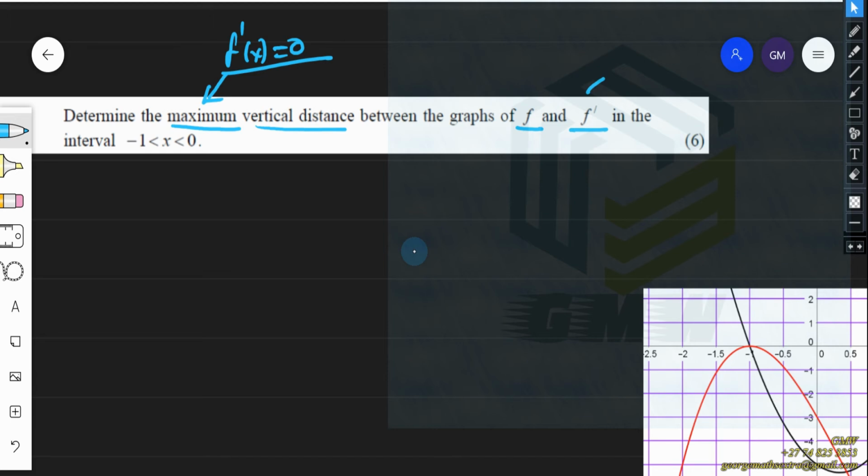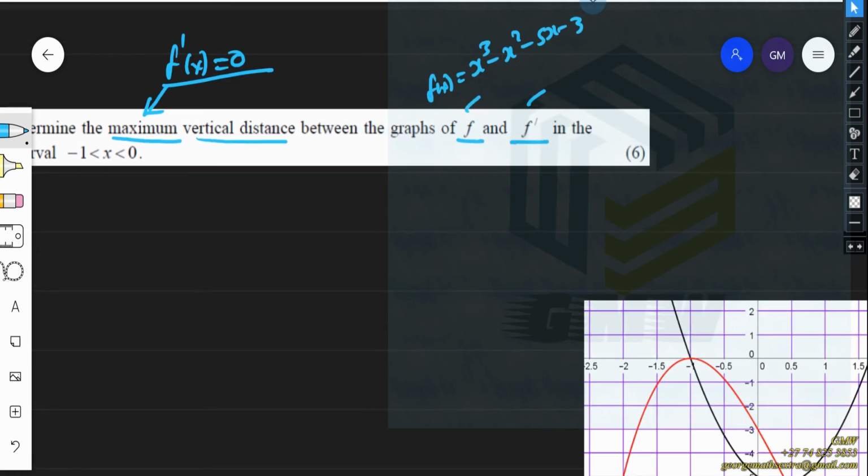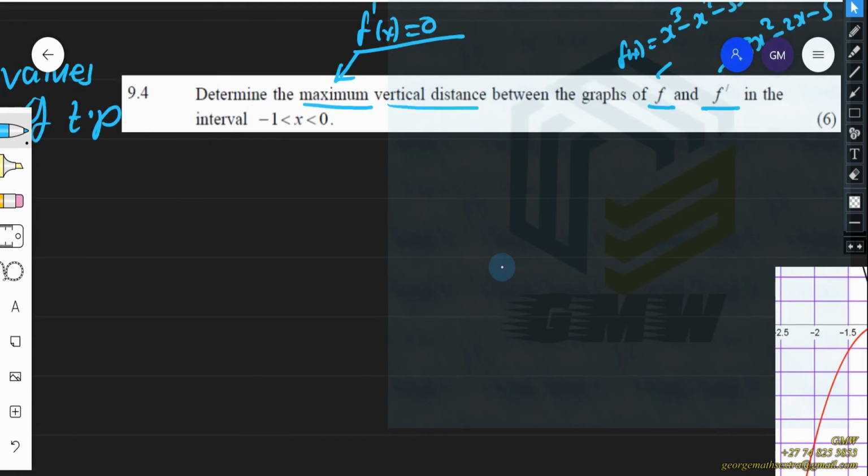F prime is the first derivative, and f is the original function, which we said is given as x cubed minus x squared minus 5x minus 3. So the derivative one is 3x squared minus 2x minus 5. So they want the vertical distance for the interval minus 1 to 0, for all the values of x that are between minus 1 and 0.